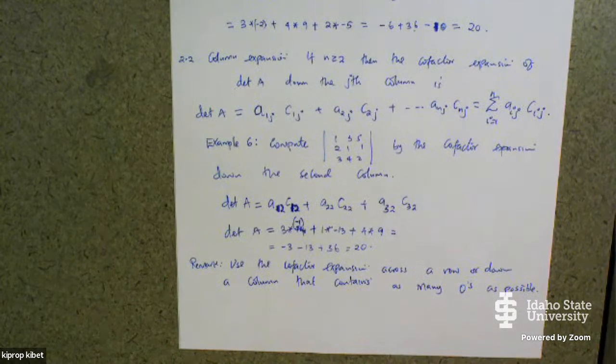So we have seen how you can actually use the row or the column. When you're given the matrix and told to find the determinant using the cofactor, you just select the row or the column which has as many zeros as possible. That makes it easier.